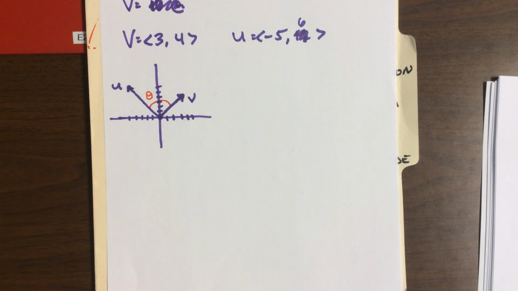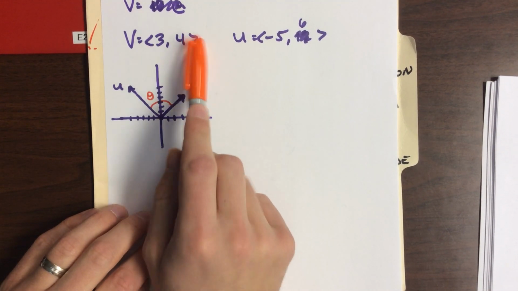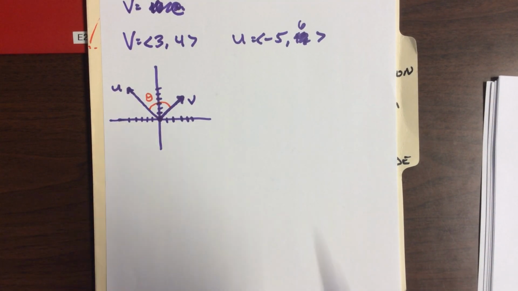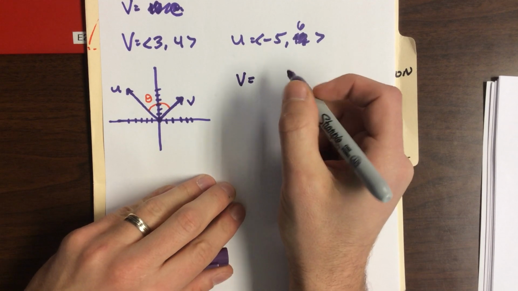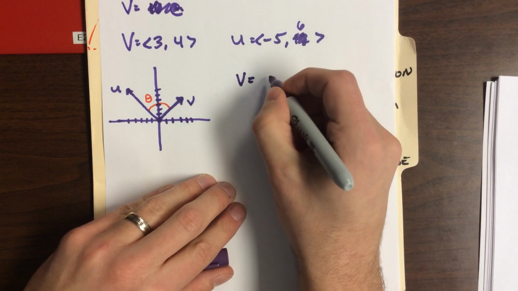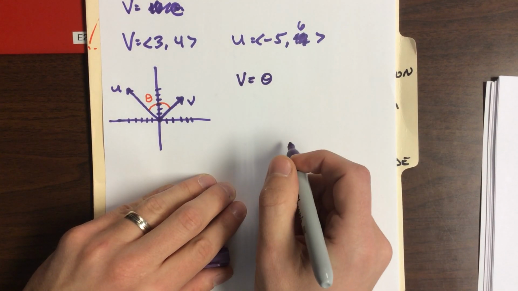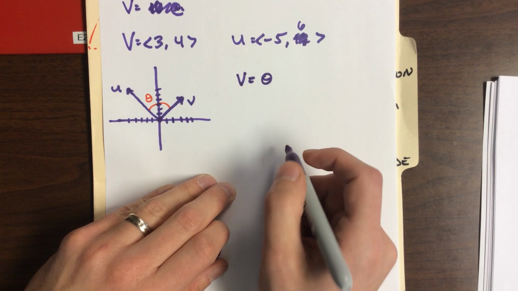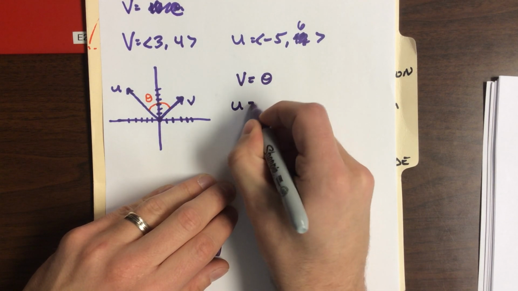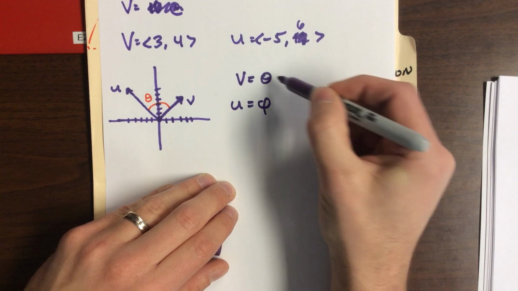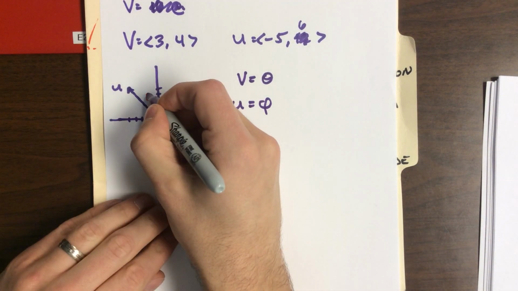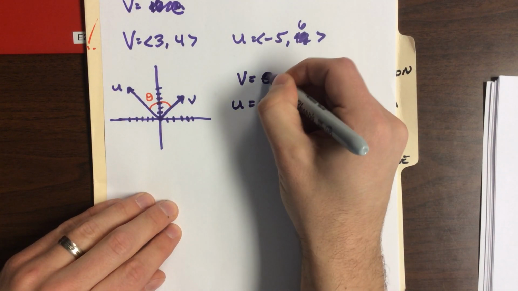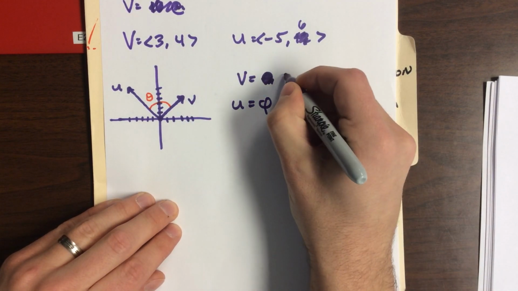Let's think about this for a moment. If I know the angle for V, and I know the angle for U, I'm going to use theta and phi. Actually, let's use something not theta, because we've already got theta in there.